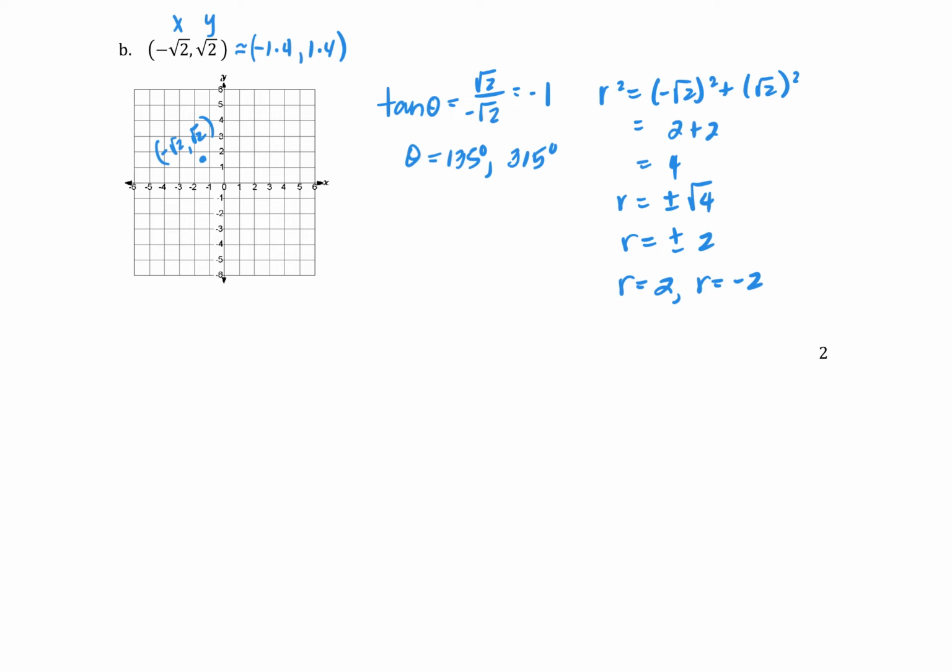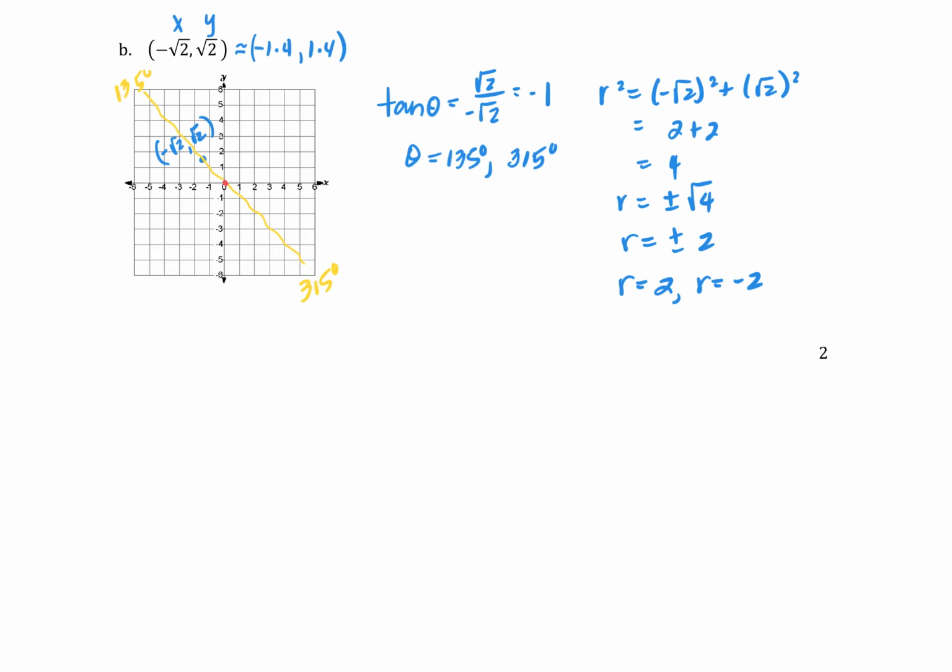So let's look at what happens if we go to theta equal to 135 degrees. Now I'm going to put a line all the way through here, and then another line that way. So this would be about 135 degrees, and this would be about 315 degrees. And they're opposite, which makes sense because I'm looking at a positive r and a negative r. So if I start at the center and I go out 2 units, and now it's not 2 units on the diagonal.